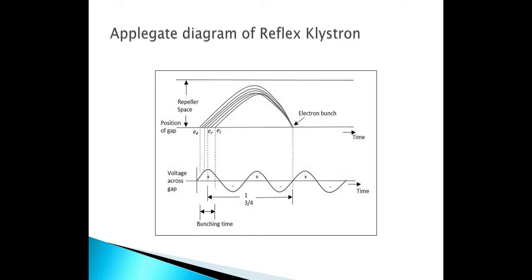The late electron EL that passes the gap later than electron ER experiences a maximum negative voltage and moves with a retarding velocity.